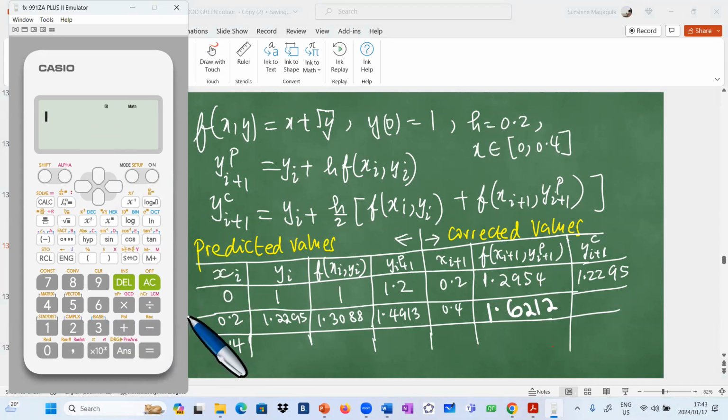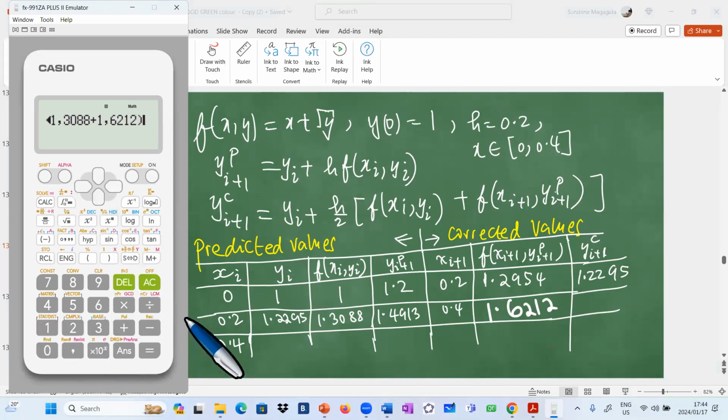Let's do the corrector: yi is exactly this one, 1.2295, plus h, which is 0.2, times the fxi, which is this one here, 1.3088, plus this one here, which is 1.6212.